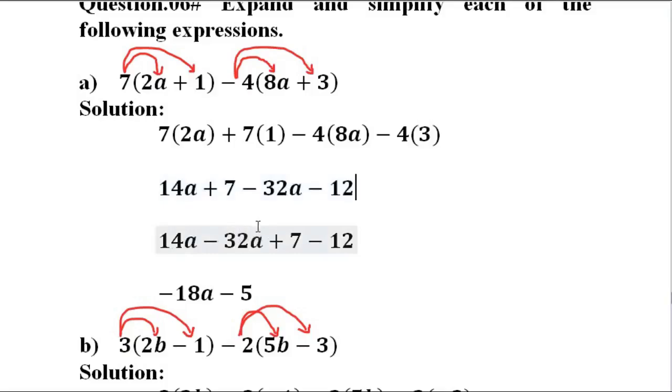Combining them gives us negative 18a. Next we have positive 7 and negative 12, which gives us negative 5. Negative 18a, negative 5 is our simplified expression because they are unlike terms and we can't combine those two terms.